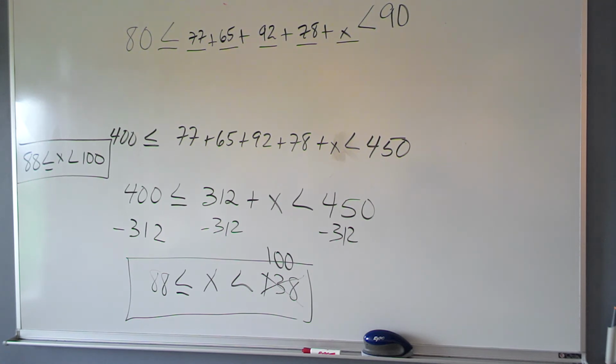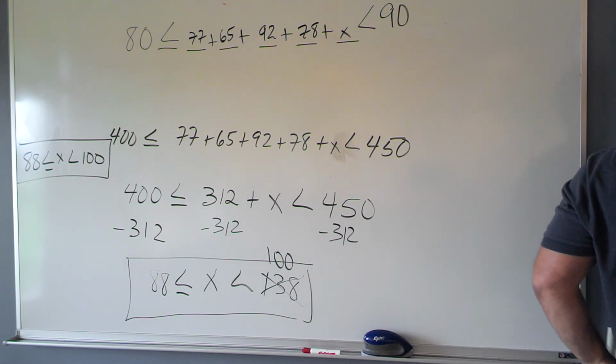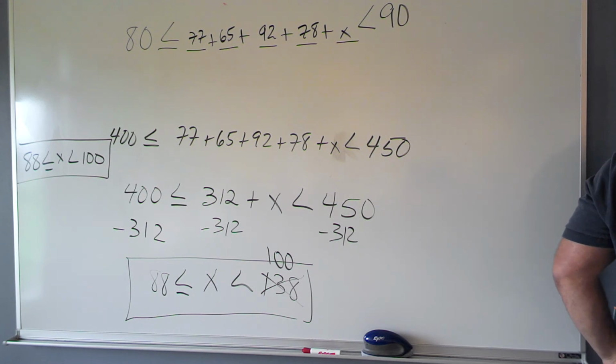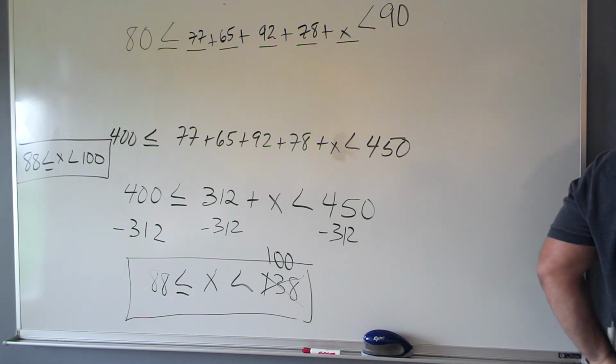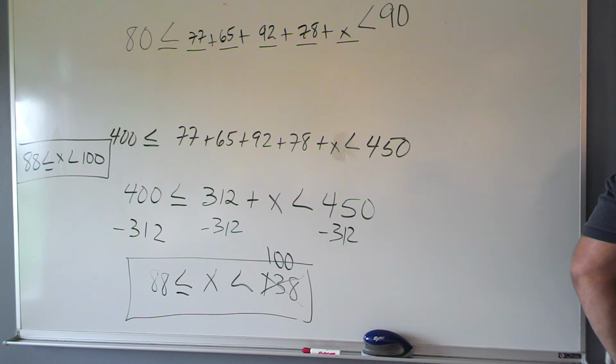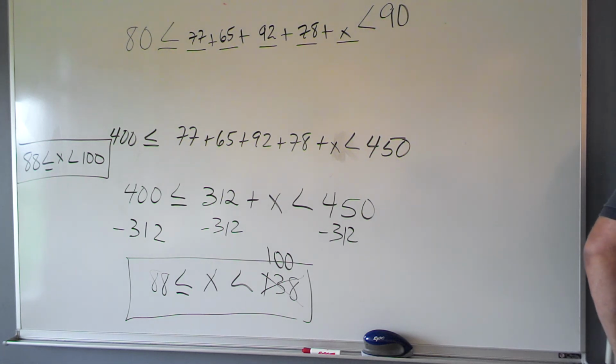All right. So, a van traveling 40 miles per hour can stop in 40 feet. So 40 feet is equal to K times 40 miles per hour squared. 40 is equal to K times what? 1600. Divide both sides by 1600.